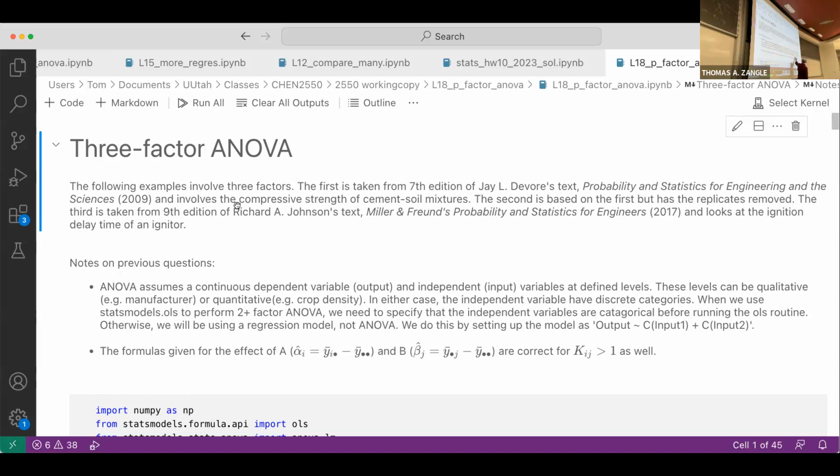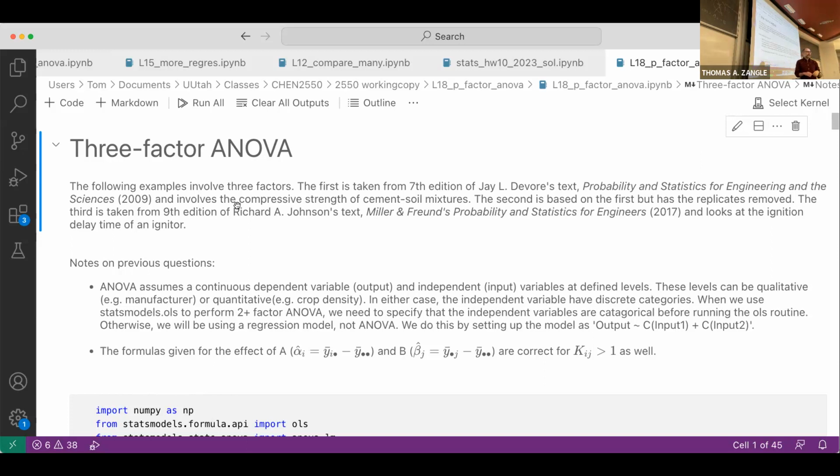We formatted our model as output is a function of C of input 1 plus C of input 2. So the question was, what is that C there for? What does it do? That C is telling the statsmodels.ols routine that these are categorical variables.